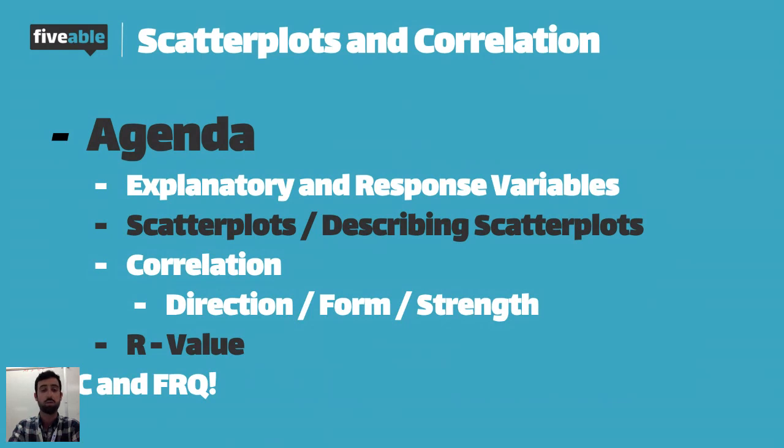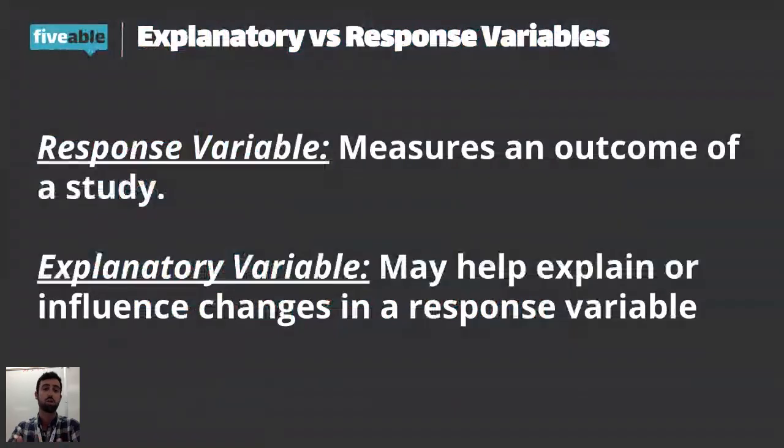So we'll dive straight into explanatory versus response variable. Here's the basic definition of both. The response variable measures an outcome of a study. So you conduct some study, and the response variable is usually what you want to determine at the end. An explanatory variable may help explain or influence changes in the response variable.